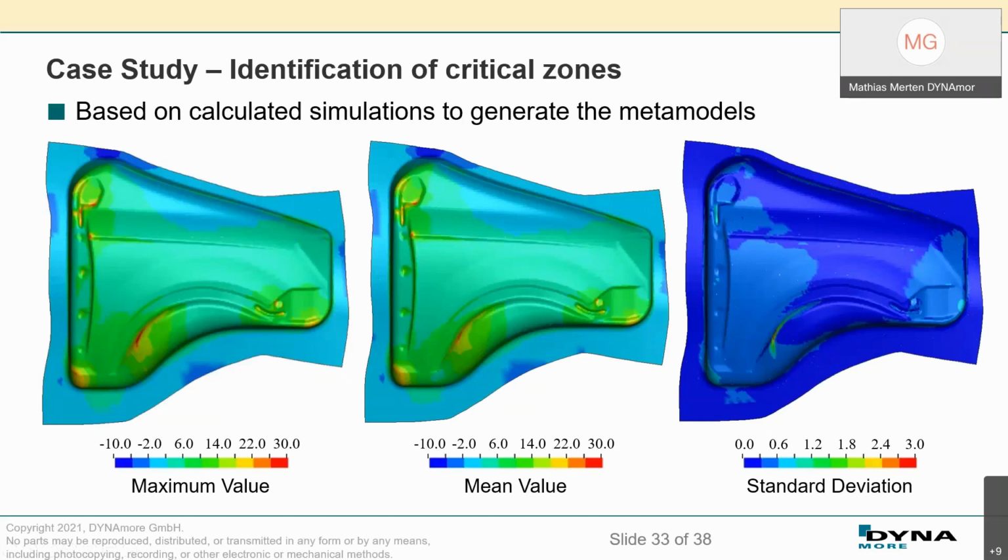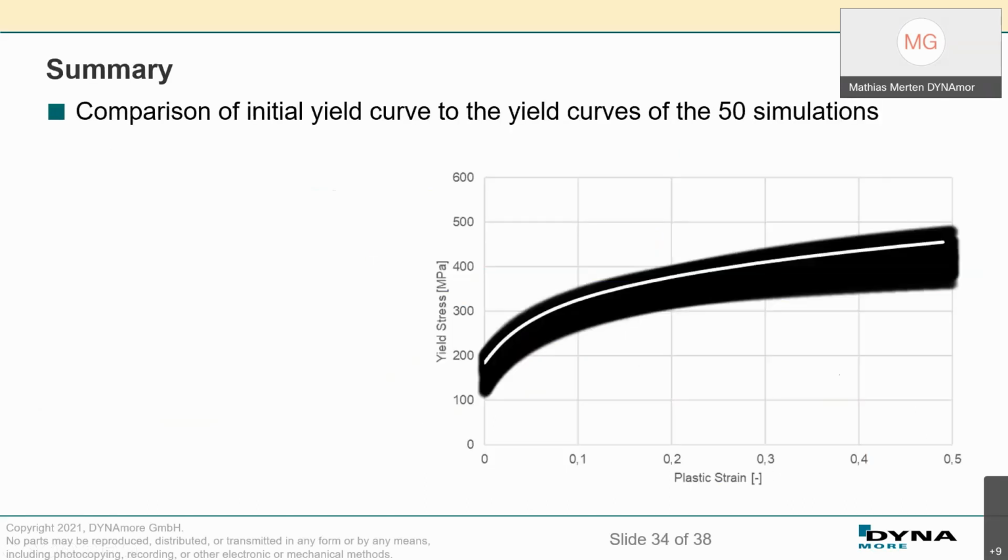Another thing to discuss is what data was taken to run this simulation. Here you can see in black the range of the used yield curves, based on the parameters and the parameter expressions, so the yield curves used for each simulation point.